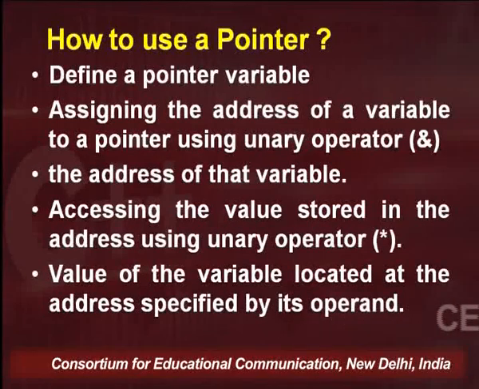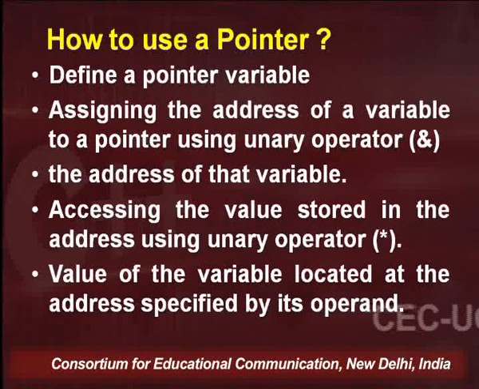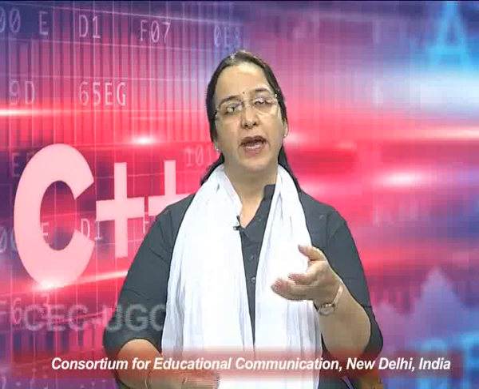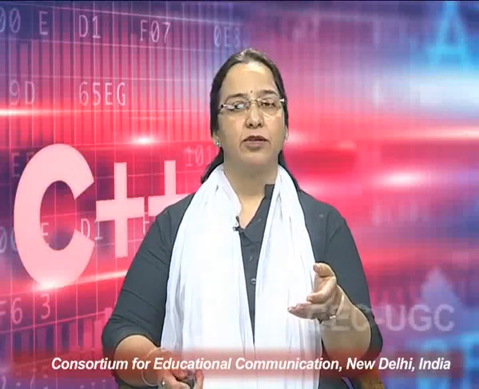The value of a pointer variable is nothing but an address, and the address of any variable I catch hold of by using the unary operator ampersand. If I say &x, that means address of x. If I say &y, that means address of y.